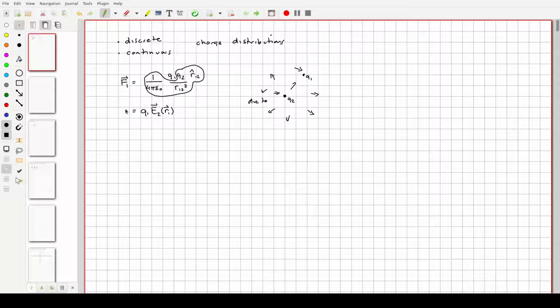Now, this right here is typically the way we define the electric field. For example, E2 here would be equal to F1 divided by the charge. Okay?